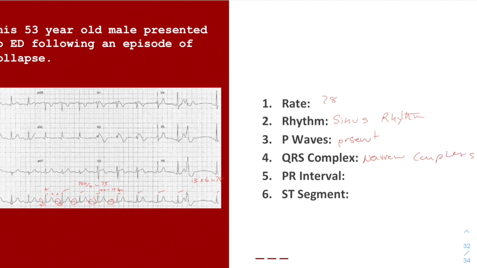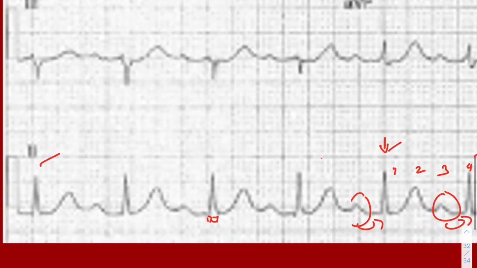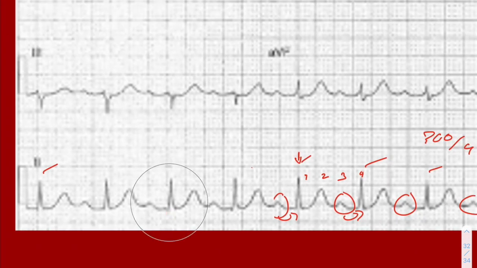The next thing we want to see, and I'm using the rhythm strip for all of these just because it keeps it nice and simple, is our PR interval. Remember, the PR interval is the beginning of the P wave to the first deflection of the QRS complex. This one's a little better, but how many boxes is this? The normal is less than 5, so this is 1, 2, 3, 4, 5, 6 probably.